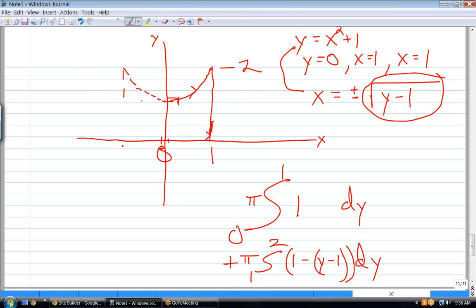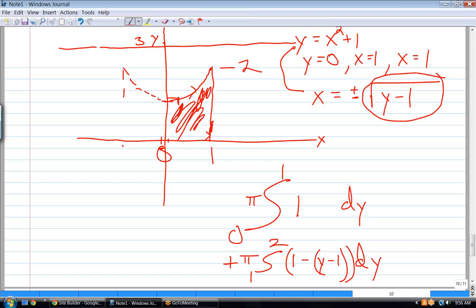Okay, so y equals... I need more room to draw it. Let's do y equals 3. So we're going to take this shape and revolve it around that line.